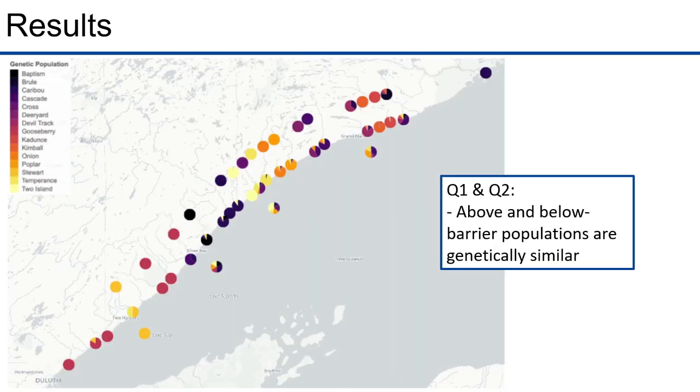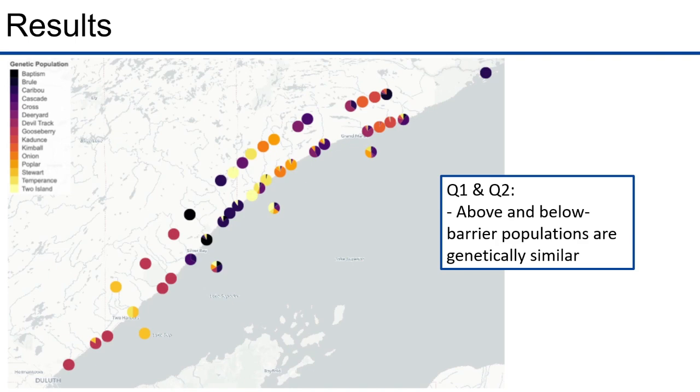So to make all that data a little bit easier to digest, I've just taken everything from that plot and summarized it into pie charts on this map. Here each pie represents one of the sampling locations, so all of these being our above barrier, right along the shoreline being our below barrier, and then we have 4 locations within the lake proper.